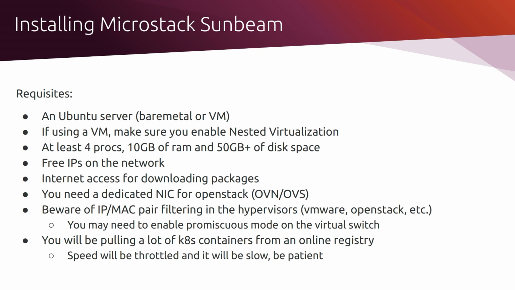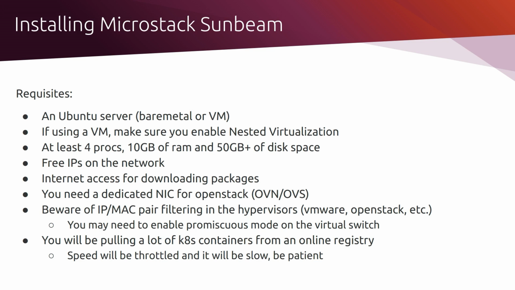You need some free IPs on the network. Apart from the one you're using on the VM, you need some more. You need internet access for downloading packages. You need a dedicated network interface specific for giving to OVN. Beware of some filtering that some hypervisors do on the traffic that goes into the VM. For example, with VMware or even OpenStack, you need to enable some kind of promiscuous mode or disable MAC and IP pair filtering, whatever the name is.